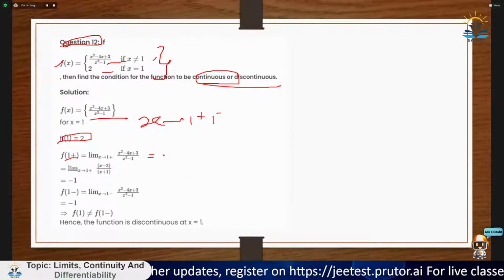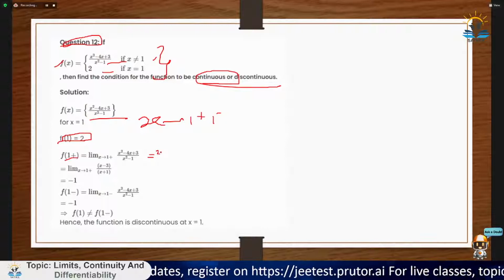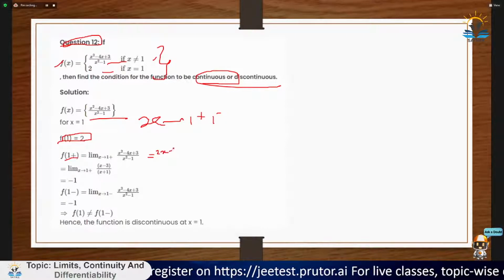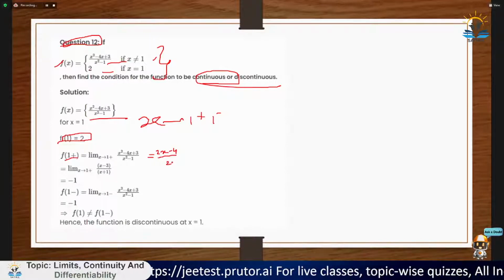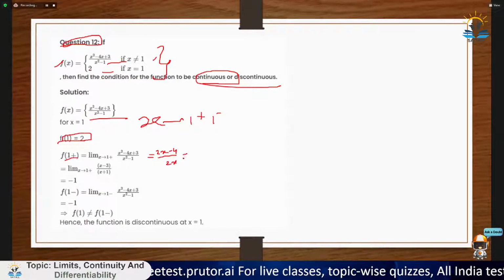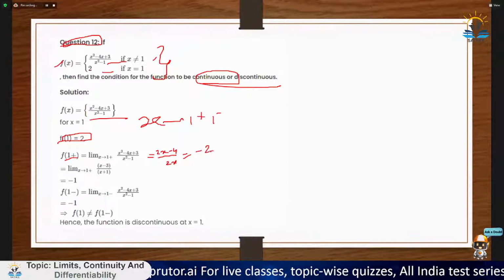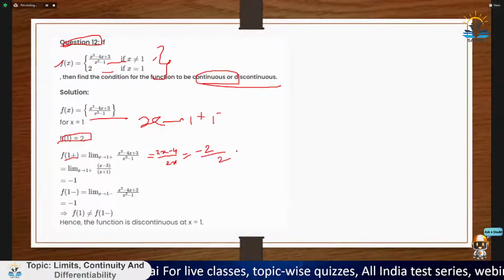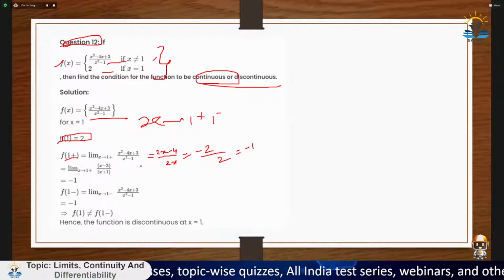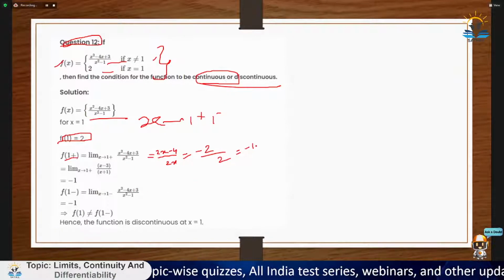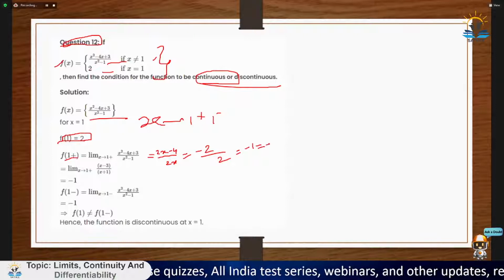You will get (2x minus 4) upon 2x. Now put the value of x equal to 1. You will get minus 2 upon 2, which is equal to minus 1. Okay, now check for 1 minus. Again for 1 minus, you will get the same thing, because nothing changes. So here also you will get minus 1 only.